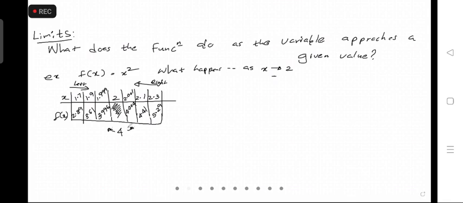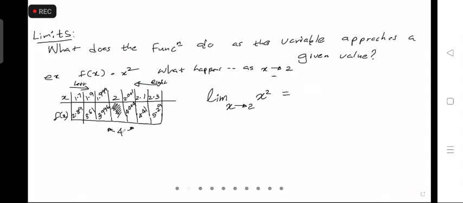So we reach the same value from the right-hand end and the left-hand end. So we can write this notation of the limit: limit of x squared as x goes to 2 is equal to what?